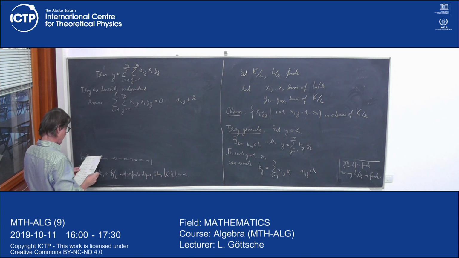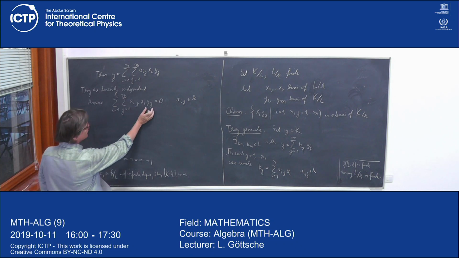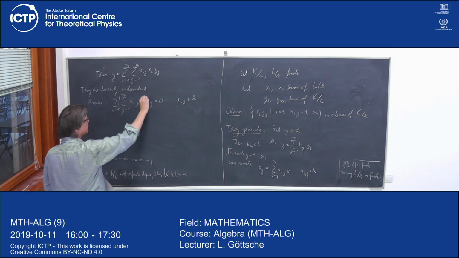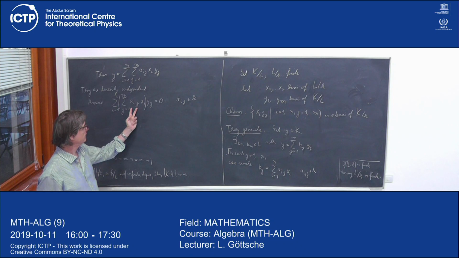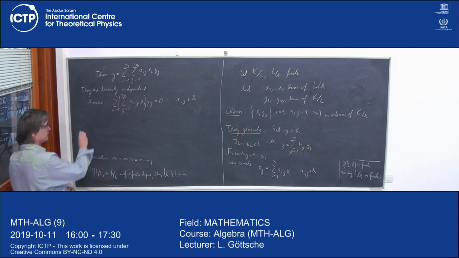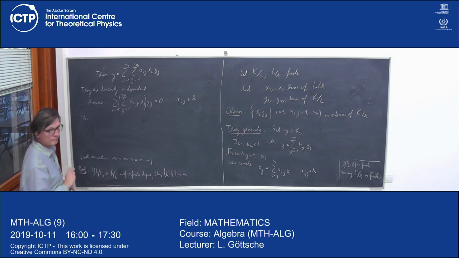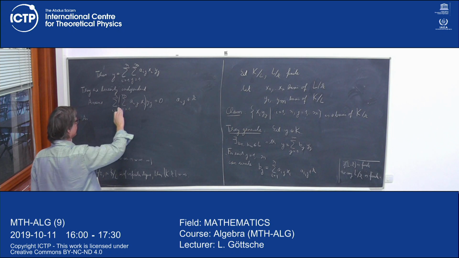So, first, these y_j's, I can bracket it like this. These y_j's are linearly independent, and these are elements in L. The index order is wrong, it's the same index as before, but j outside and i inside.